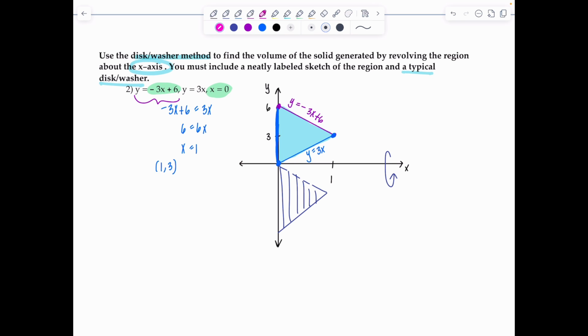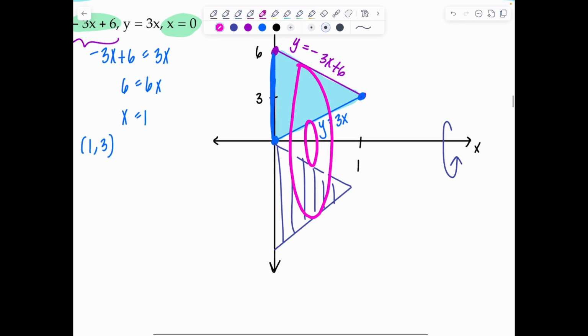Let me do it with a darker colored pen. There's my washer. Okay. We have to identify the outer radius and the inner radius because there's 2 in this case. So big R and little r.